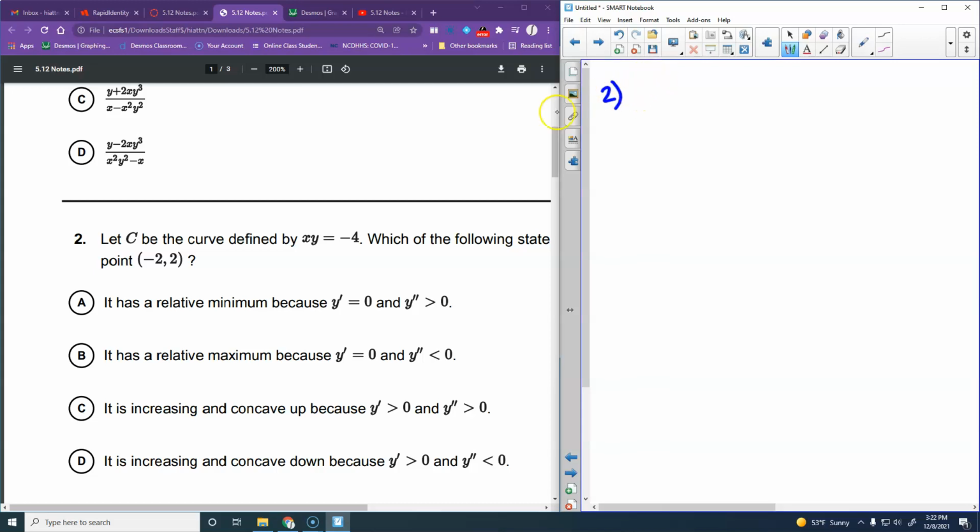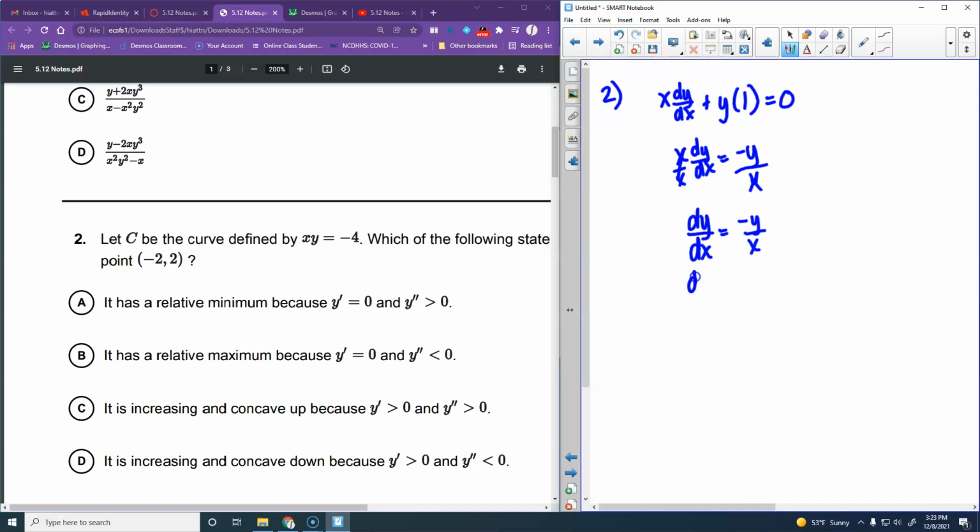So first derivative, we're just going to use the product rule, x times dy dx plus y times 1 will equal 0. So x dy dx will equal -y. We'll divide by x there. So dy dx is going to equal -y over x.